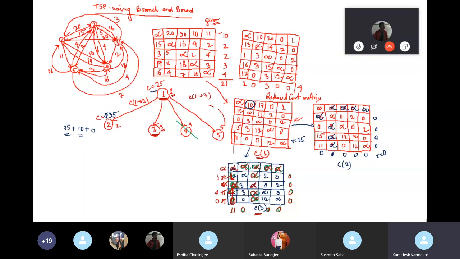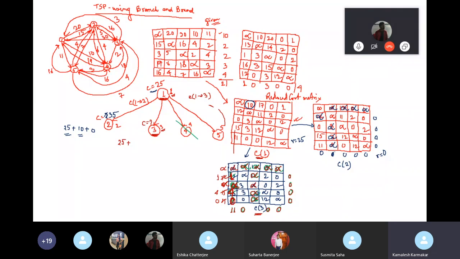Now what is the cost of this one? We are going to calculate the cost of this node. The cost is the value we have inherited from the parent, so this value is 25, plus the cost of this edge.